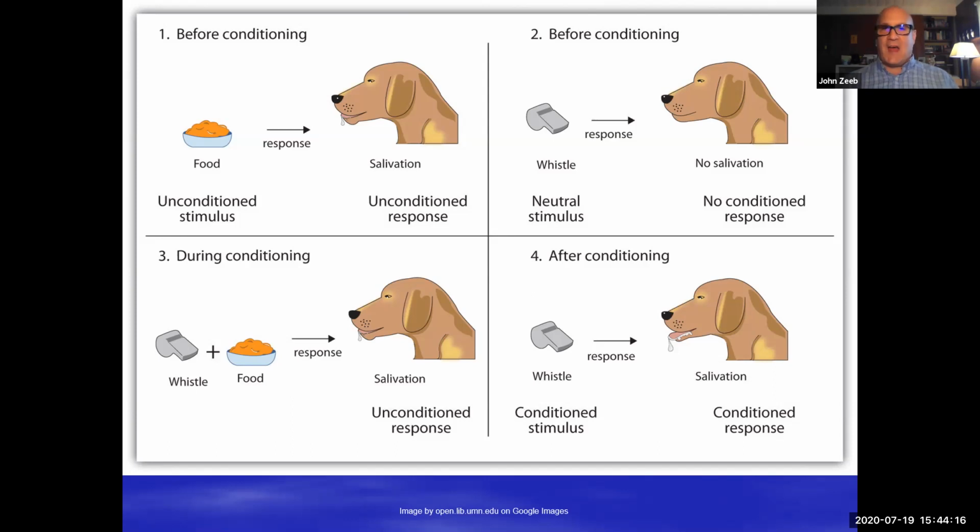But if we blast that whistle several times in a row, over a period of time, and we don't present food with it anymore, the dog will lose interest in that. In other words, the whistle no longer means that food is in the picture, it's not being paired, and thus we would see that response fade, or as we say in psychology, extinguish.